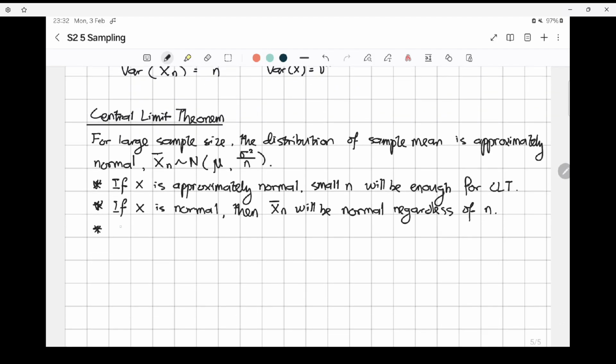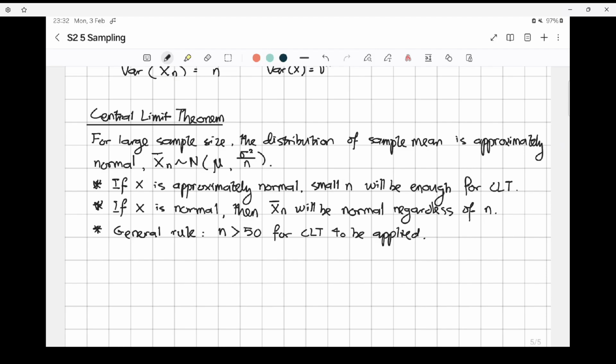So a general rule of guide, sorry, a general rule is that your n has to be greater than 50 for central limit theorem to be applied. So if you're unsure whether or not that particular random variable is normal or not, then you just look at whether or not n is greater than 50.